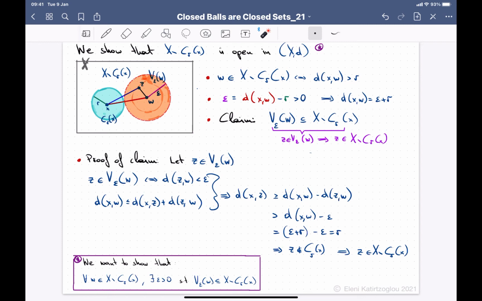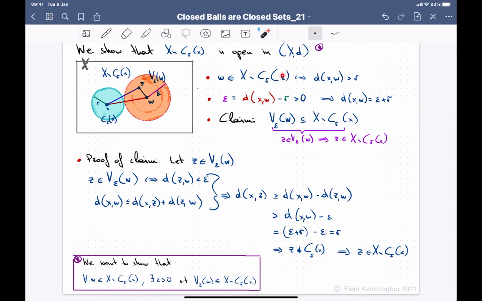Now, what is this epsilon equal to here in our graph? You take the distance between X and W, take away R. From here to here, the distance is R. So take away R, and what is left, call it epsilon. Well, this is exactly what we do here.